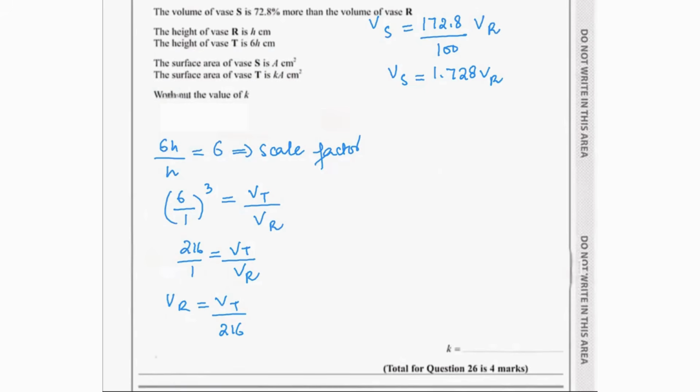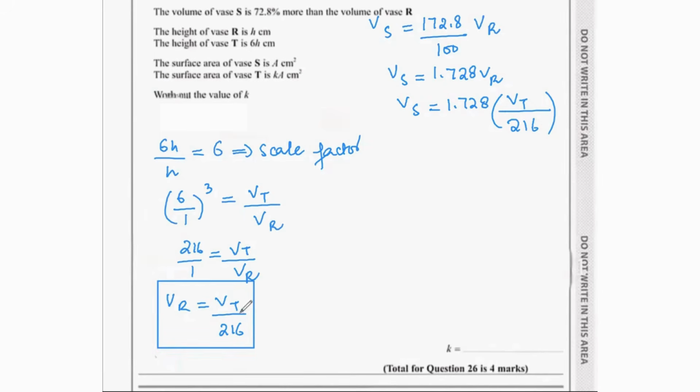We can substitute this into the first equation to create an equation in terms of volume of S and volume of T, because the surface areas are of S and T. So volume of S is going to be 1.728 times volume of T over 216.